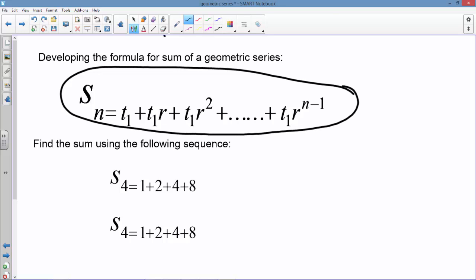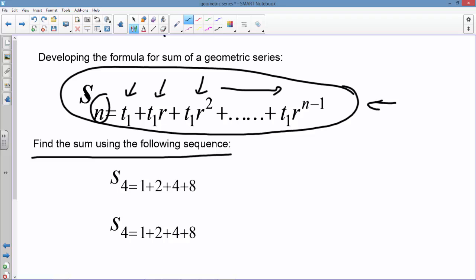This would be how you would actually write the general formula. So the sum of n terms is t1 plus t1 times r, etc., all the way up to t1 times r to the n minus 1. We talked about this in the last class when we first introduced geometric sequence. Now, I want to develop the formula just using a general example because the developing of the formula is quite complicated.